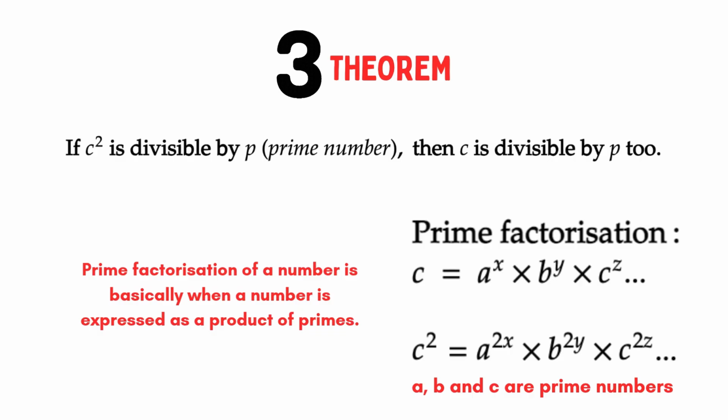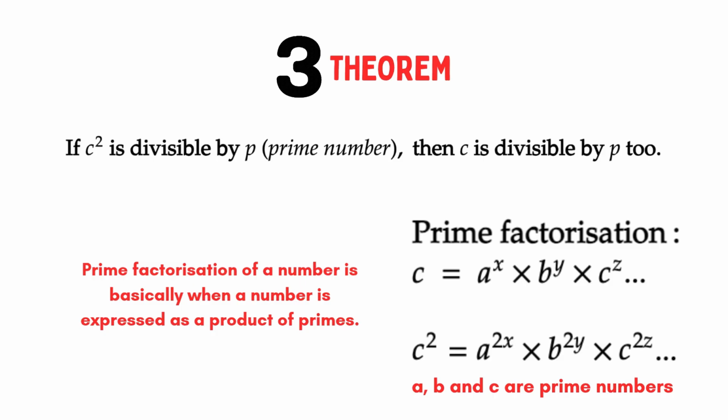Now, what this theorem really means is that in the prime factorization of c, we're going to have a to the power of x times b to the power of y and so on. And for the prime factorization of c squared, we're just going to have a to the power of 2x times b to the power of 2y. Why? Because when we square c, we're going to be multiplying its prime factorization by itself.